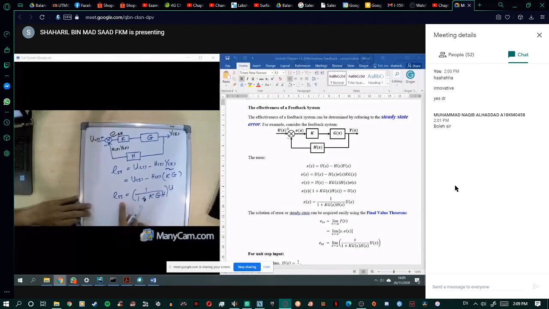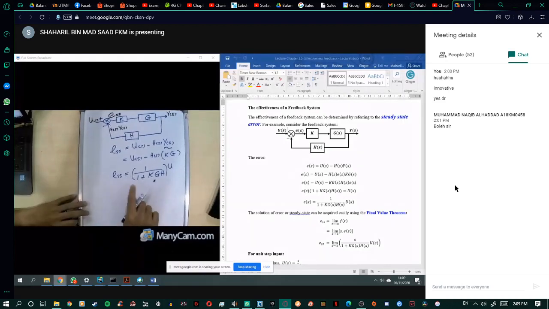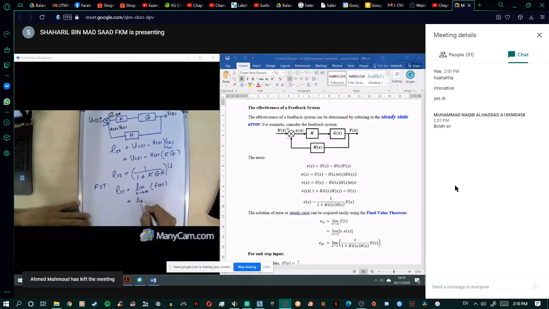Okay. So how to make it simple? We just use the final value theorem, FVT, in order to get the solution for this steady state error. So you need to put the limit, in terms of time domain, t going to infinity, or in terms of Laplace, s going to 0, and then you need to multiply by s, then E_ss.